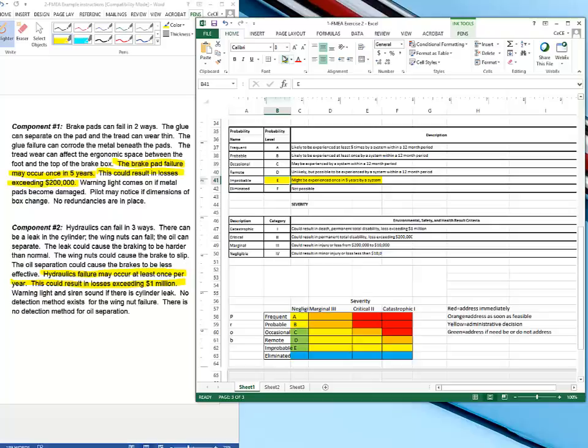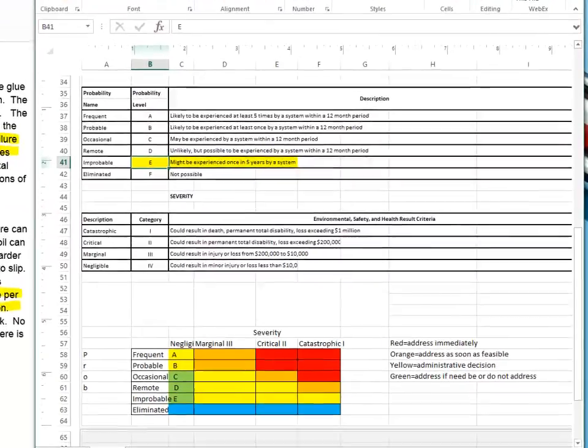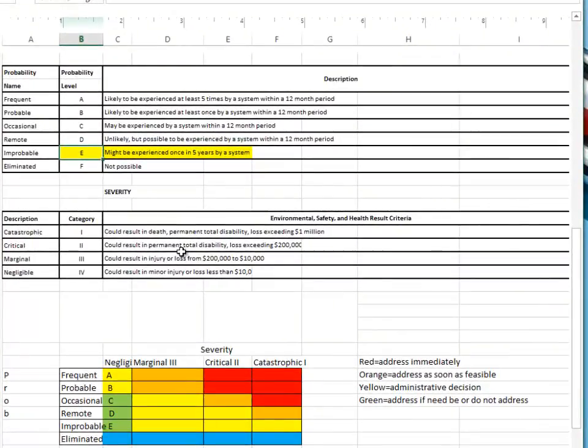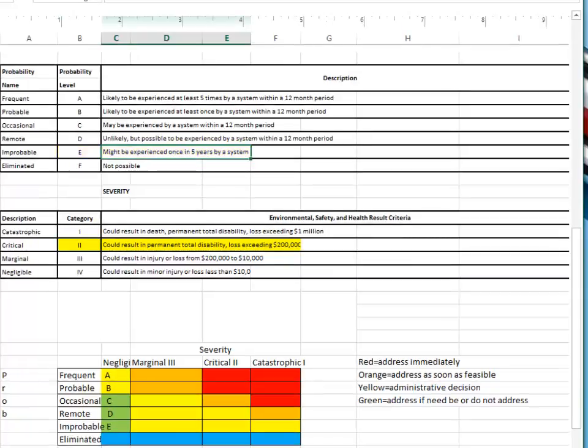All right, how about our severity? This could result in losses exceeding $200,000. So let's see. Looks like we've got it right here. Could result in losses exceeding $200,000. That is 2. So it looks like we've got 2E. And 2E, let's get these colors away so we won't be confused.